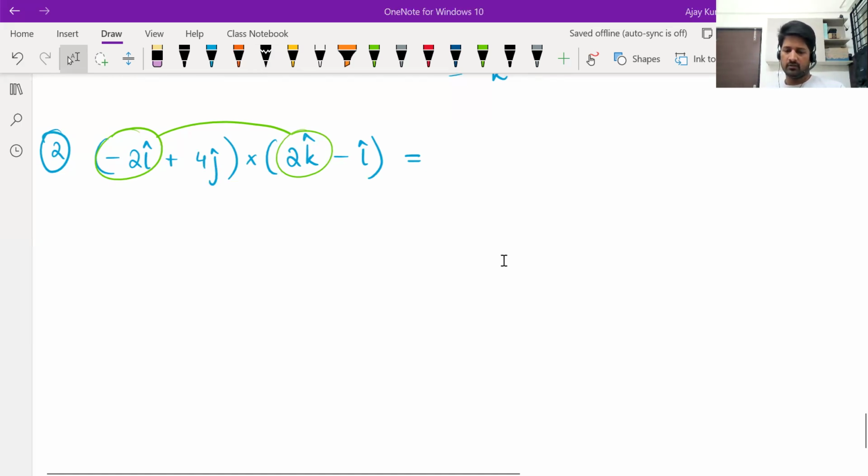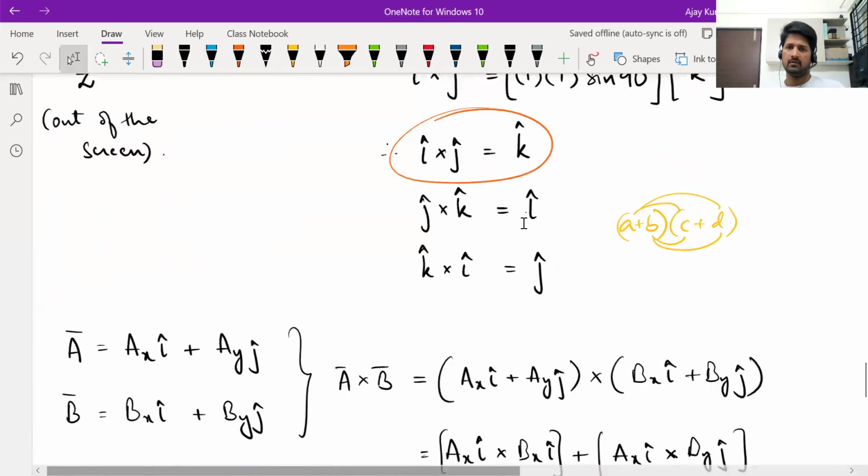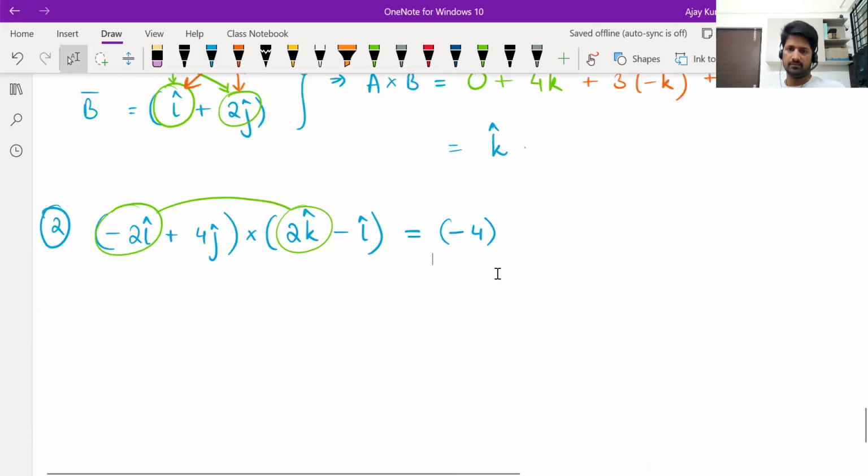Okay, Pawan, tell me, what is minus 2 I cap cross 2 K cap? Sir, minus 4 J cap. Let's see. Minus 2 and 2 is minus 4. And then I cross K. K cross I is J, so I cross K will be minus J. So minus 4 and minus J. See, the order is very important.